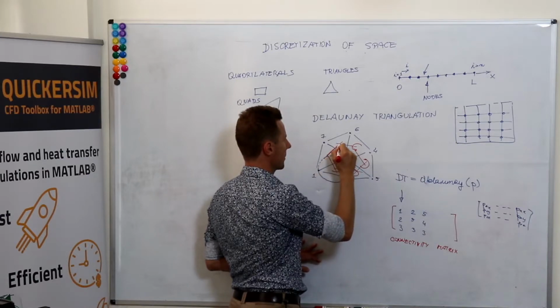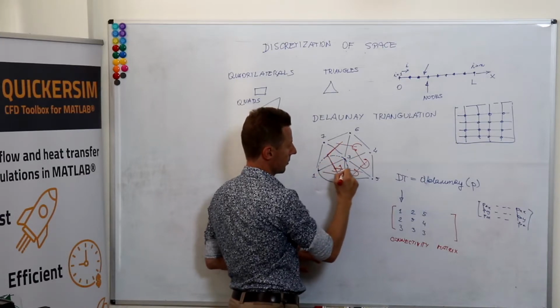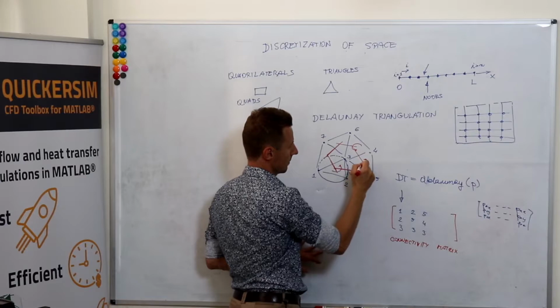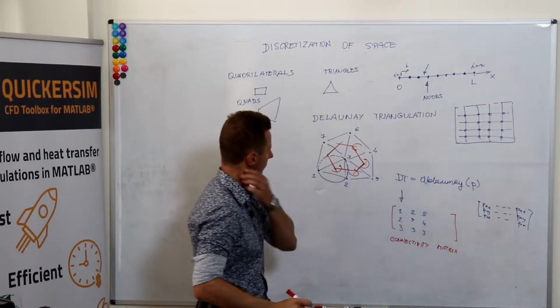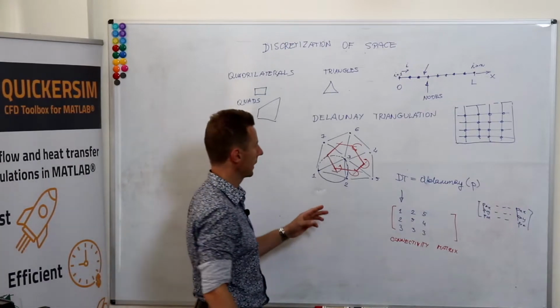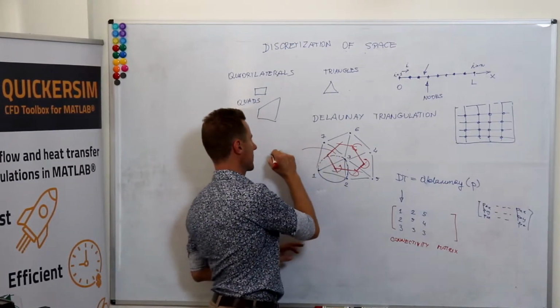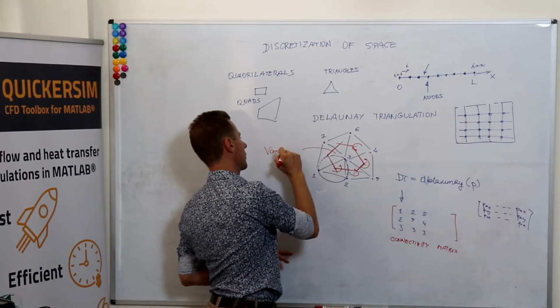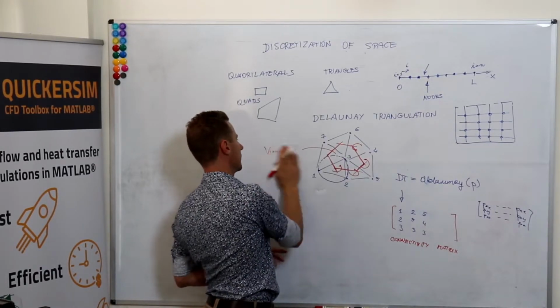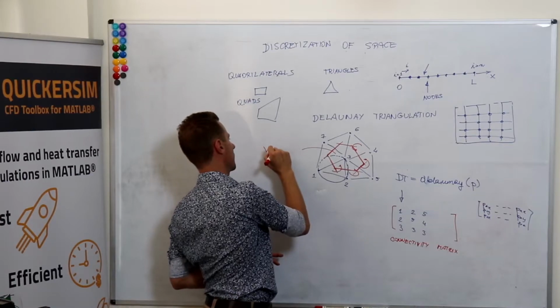And you create such a volume, or such cells are referred to as Voronoi cells, if you prefer.